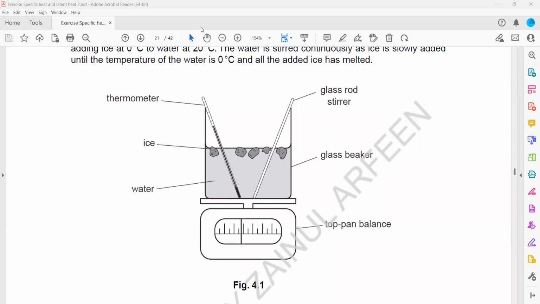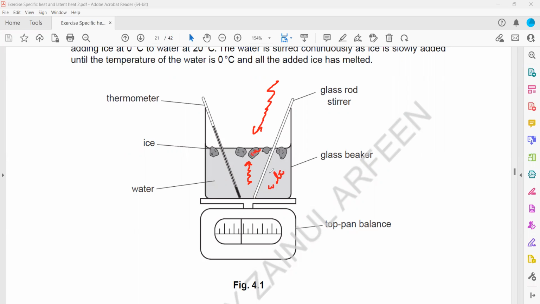Here, what is actually happening? The water is a hot object, ice is a cold object. So heat energy transfers from water to ice. We consider that the water is losing energy and the ice gains energy.